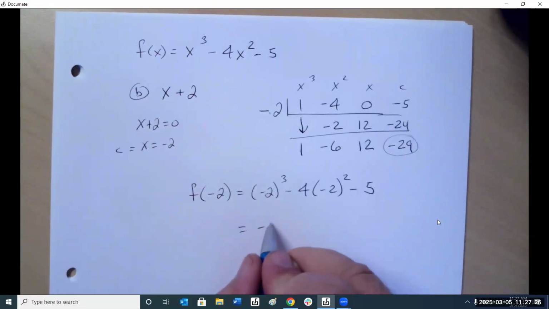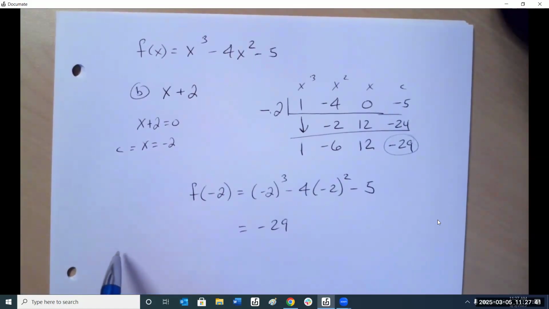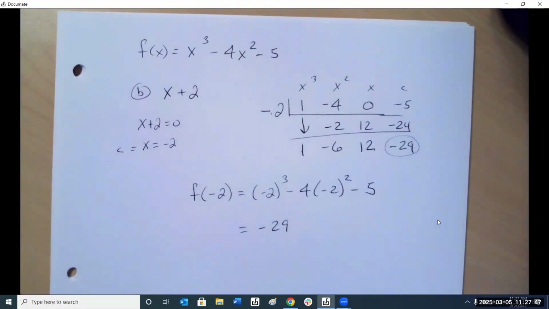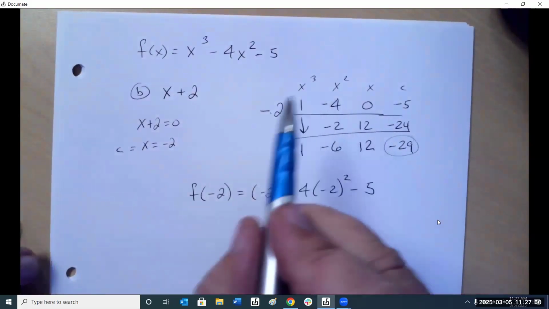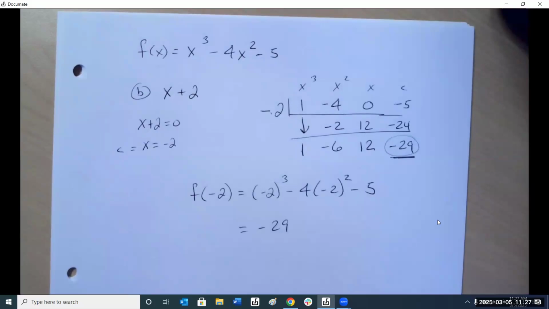We know this answer is going to be -29. So far, so good. It's a pretty powerful tool. Instead of plugging it in there, we're taking this into pieces. Synthetic division, the remainder theorem, is going to help us try to find solutions.